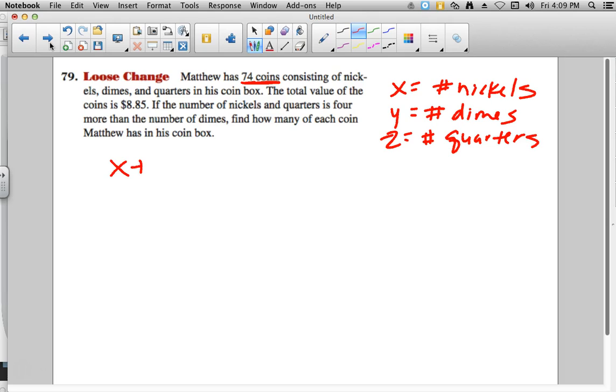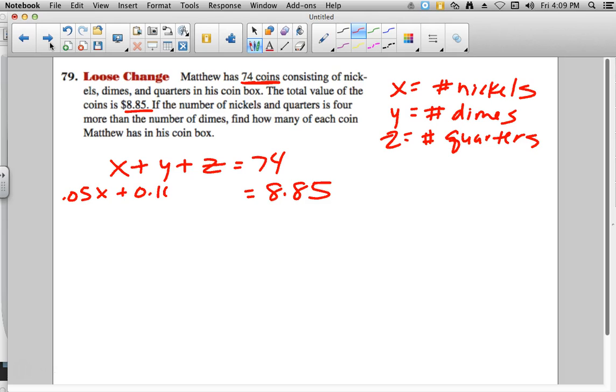So first off, X plus Y plus Z has to equal 74, unless they tell me somewhere in here that there's a different mix to this. And then we know the total value of the coins is $8.85. Well, there's another total. And this one's about money, and we know how much money each one of those is worth.